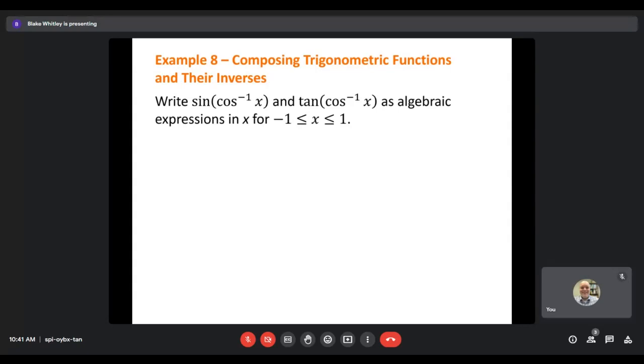All right, now we're actually going to do this one almost exactly the same way that we did the previous one. The only difference now is we have variables instead of numbers. But our first step is I'm going to rewrite inverse cosine of x as theta. So I'm letting that inverse trig function be my angle.